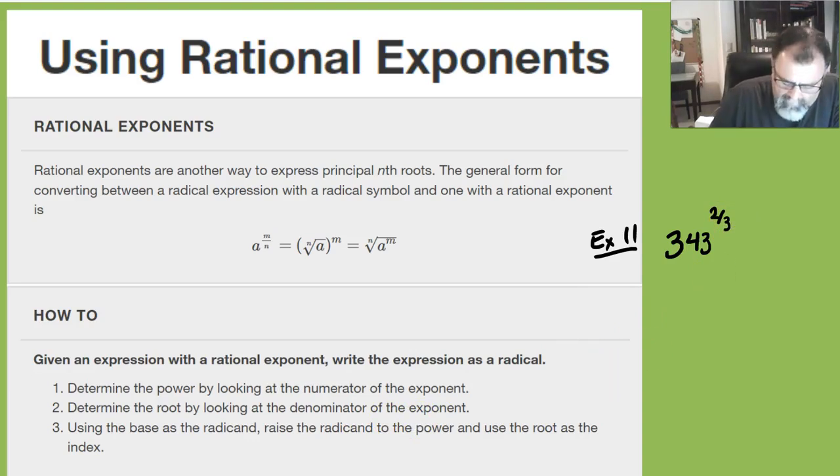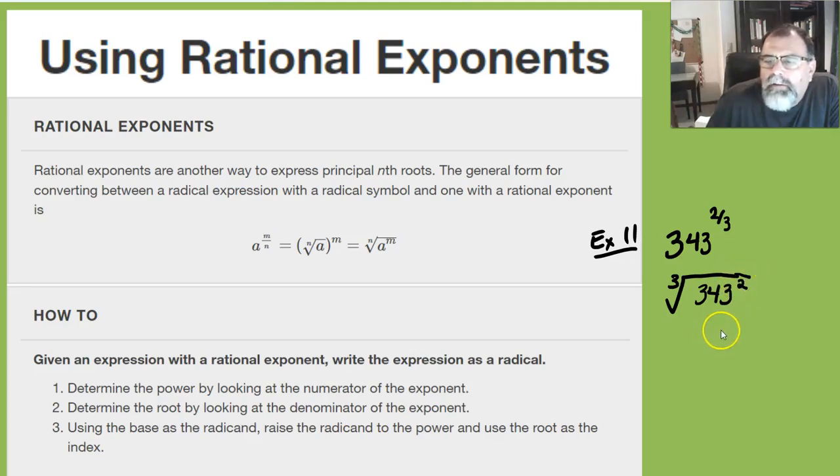So this is going to be the cube root of 343. And then we have a choice. We can put the square outside like this or inside. It doesn't matter. It's the same thing. So I can do 343 squared, or I can put parentheses around it and put the square out there. Either way. All right, so as simple as that.